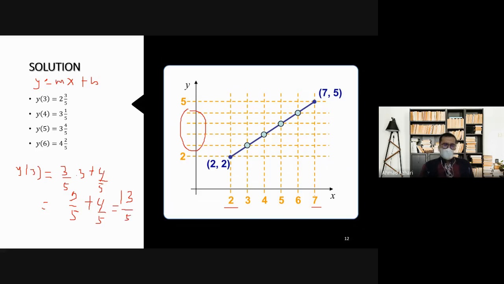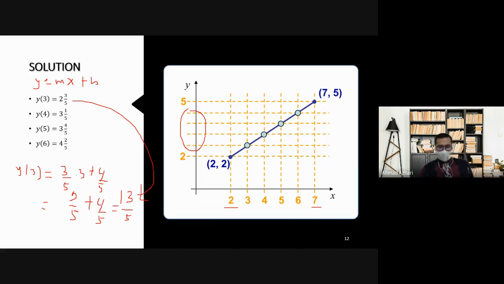Or in floating point, 2 plus 3 divided by 5, the same as 13 divided by 5.